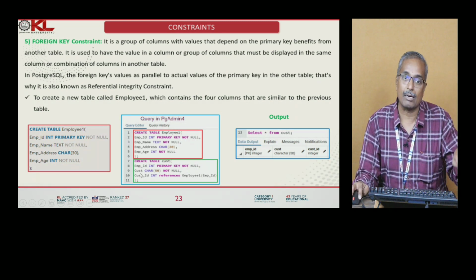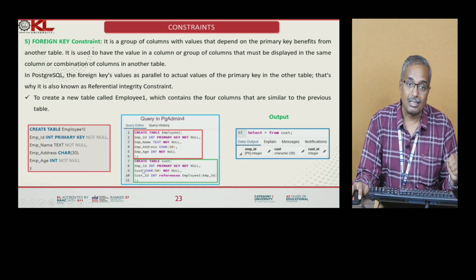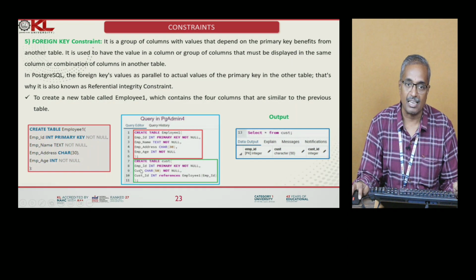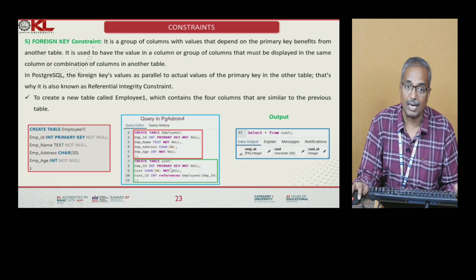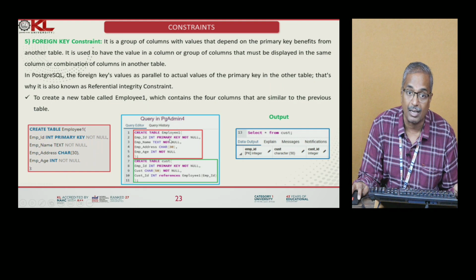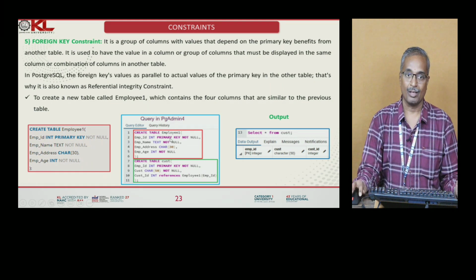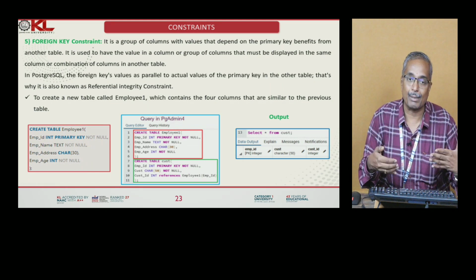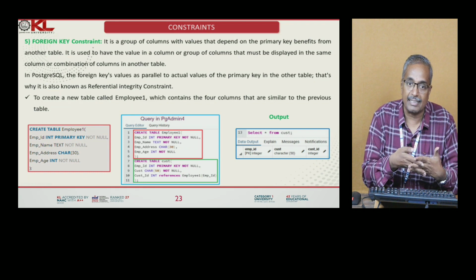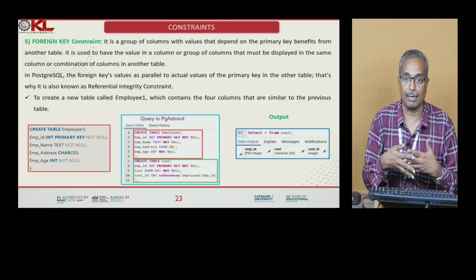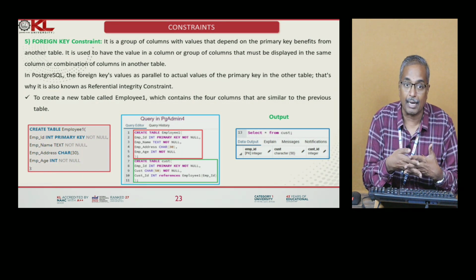In the customer table also, one column you are seeing is employee ID, that is also integer data type, and it is also defined as a primary key. Here also in employee 1, employee ID is a primary key.